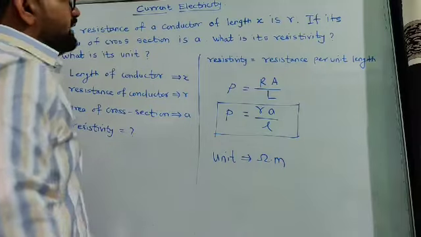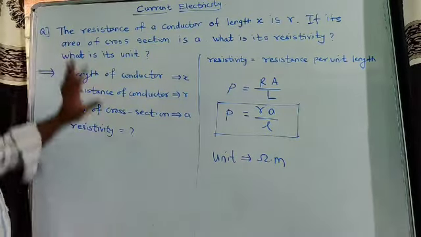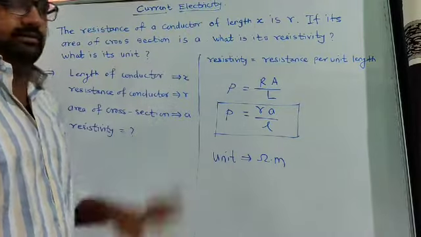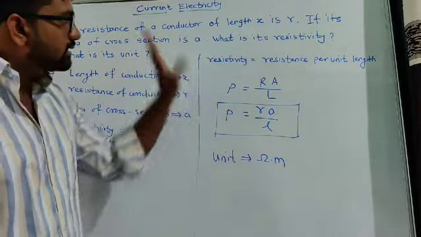Now we have to see the next problem. The resistance of a conductor of length x is r if its area of cross section is a. What is the resistivity? What is its unit? Look at what is given. The length of the conductor is small x, and its resistance is also given, which is small r.